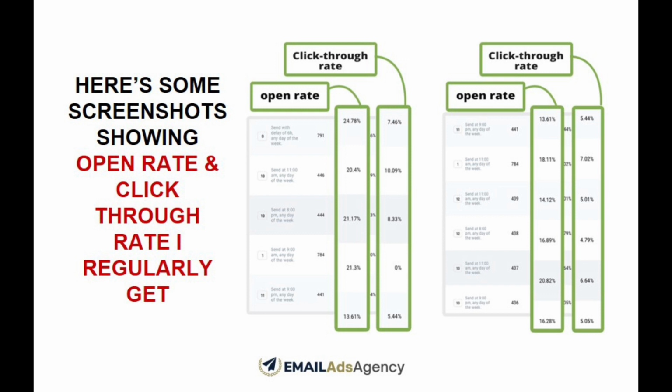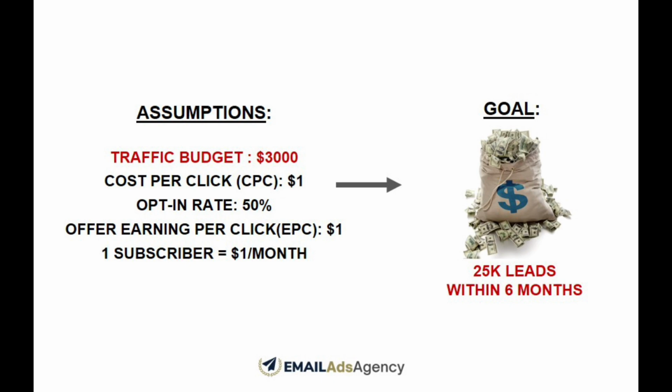And with 18,000 clicks, if you're able to produce even 50 cents EPCs, which I just showed you, that we can generate an EPC of more than $1, then it comes to a total of $9,000 for a 10,000 person list. So that's very close to $1 per subscriber. But it depends on a lot of factors, and we can do a lot of things to improve this number as well. So we are going to assume that one subscriber is going to be worth $1 per month.